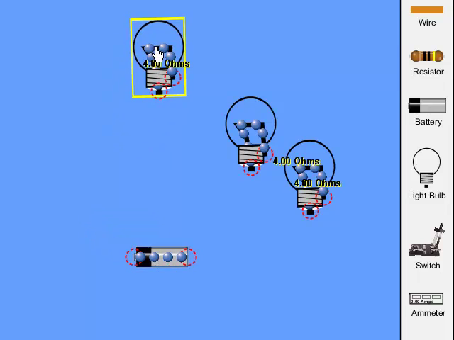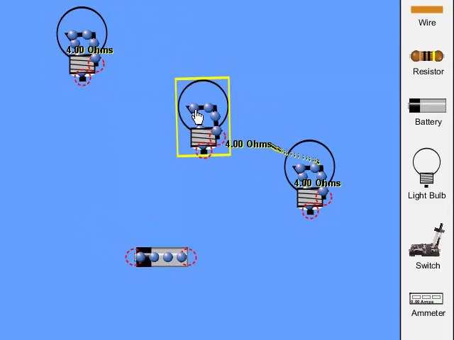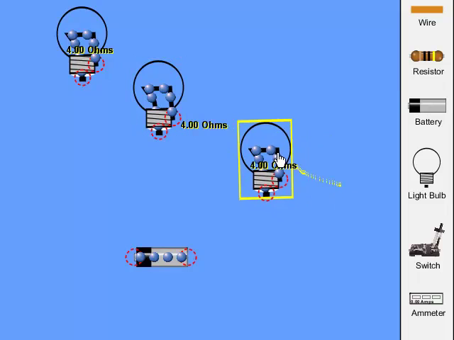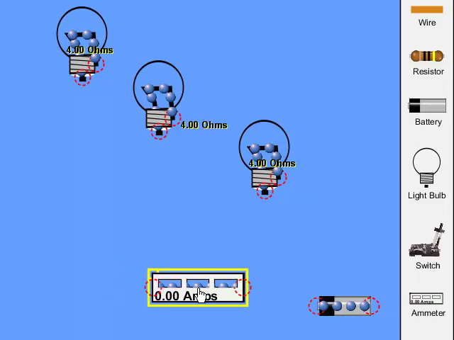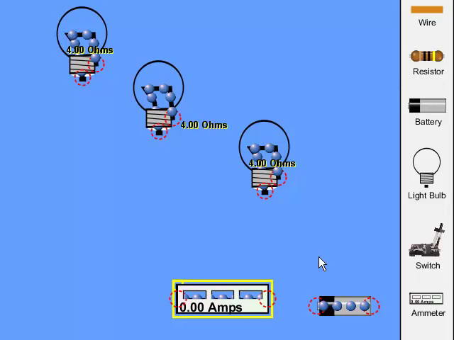I don't think I can turn these here, and alright, I need an ammeter, and I need a bunch of wires.